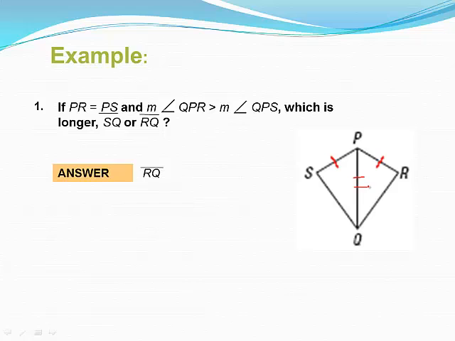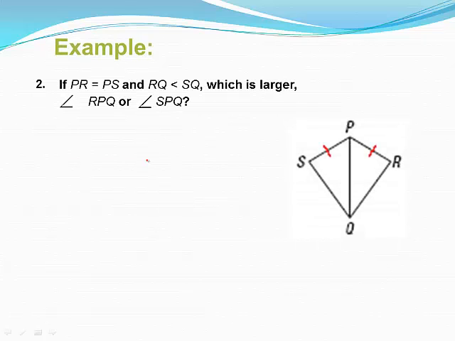All I'm going to do is say that this is like 33 degrees, and since it's larger, the other one is going to be, I don't know, 30 degrees. I'm just using numerical examples. So the side opposite the 30 has to be smaller than the side opposite the 33 degrees. So which one is the larger one? It has to be RQ, or QR, because it's opposite the larger angle.